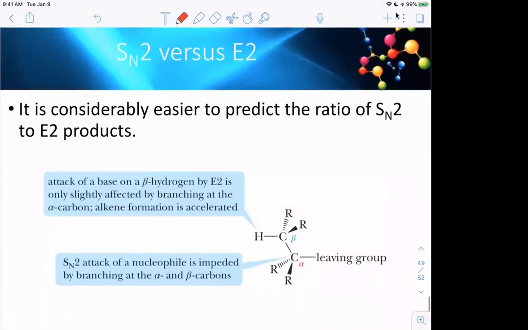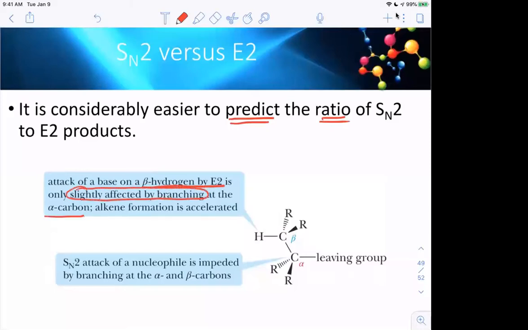Now, what about SN2 versus E2? It's much easier to predict the product ratio of SN2 and E2. This is because when I have an attack of a base on a beta hydrogen by E2, this is only slightly affected by branching at the alpha carbon.